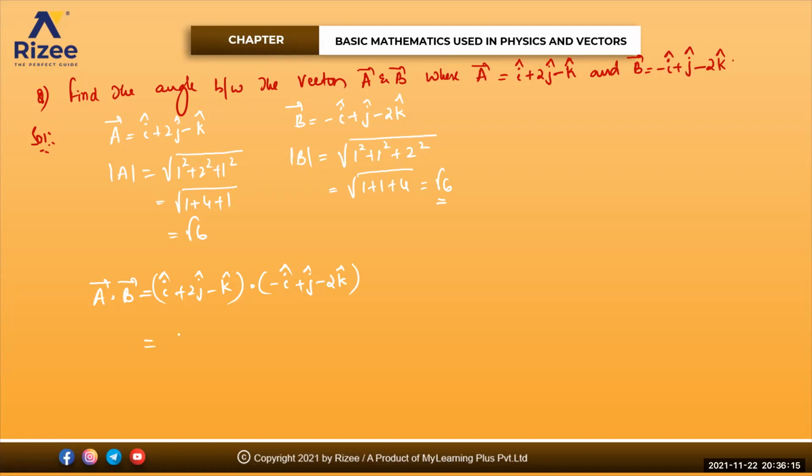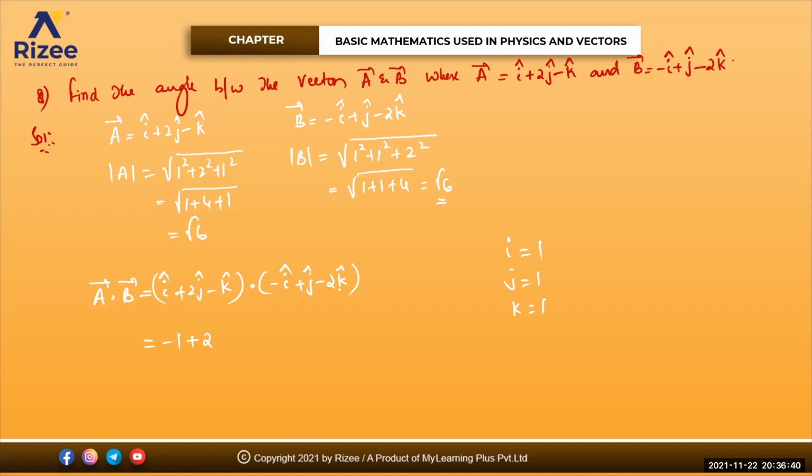That is equal to i cap into minus i cap. i dot i is how much for me? It is 1, no? i value is 1 always. j value is also 1. k value is also 1. 1 into minus 1 is minus 1, plus 2 into 1, that will be equal to plus 2. Minus 1 minus 2.